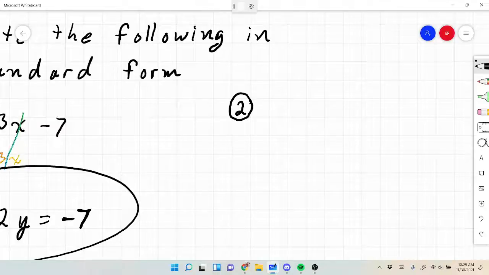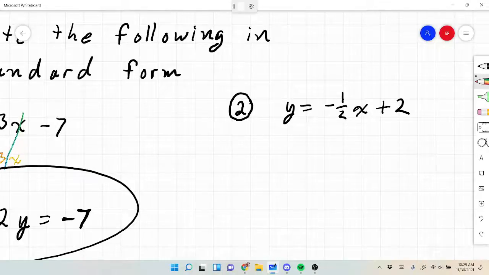Okay, so next one. How about y equals negative 1/2 x plus 2. Okay. So now we want to get all the variables on one side and the constant on the other side, and we want to get rid of that fraction. So what's going to be our first step?